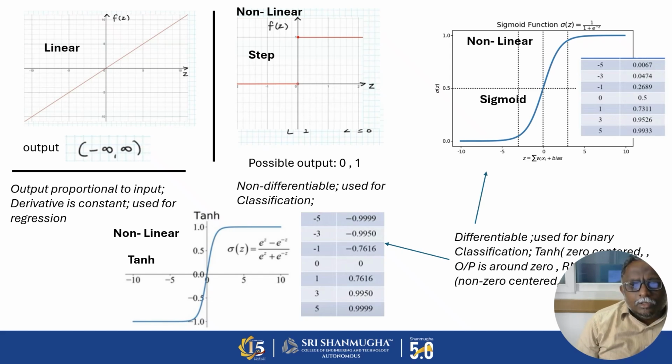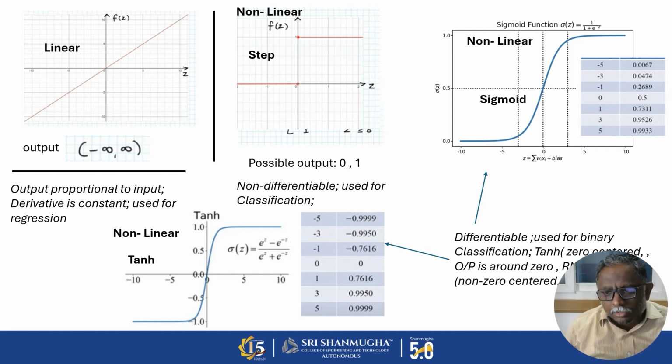Then in another nonlinear category, we are going to look at the sigmoid and tanh functions. For the sigmoid function, the output is going to be from 0 to 1. Whatever the z value, if you give negative to positive values, you will see the output from 0 to 1.